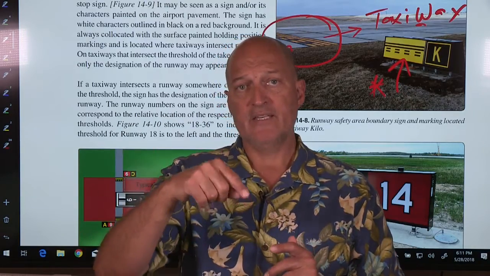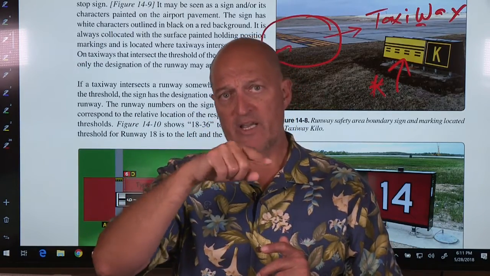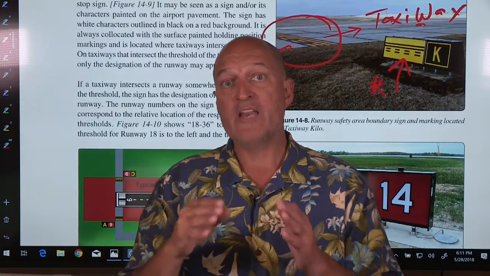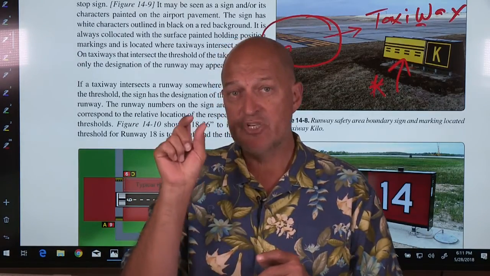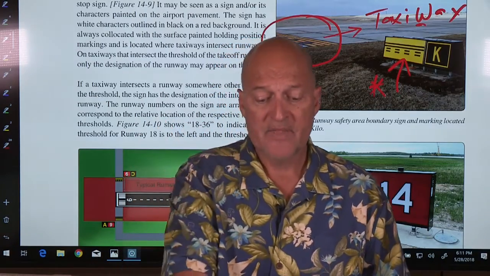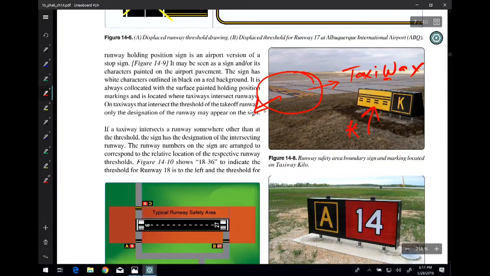Then if you've landed and you're coming off the runway and headed to a taxiway, you cross the dashed sides, so that you're taxiing off and you cross, and then you stop over here on the solid side and get permission to taxi.